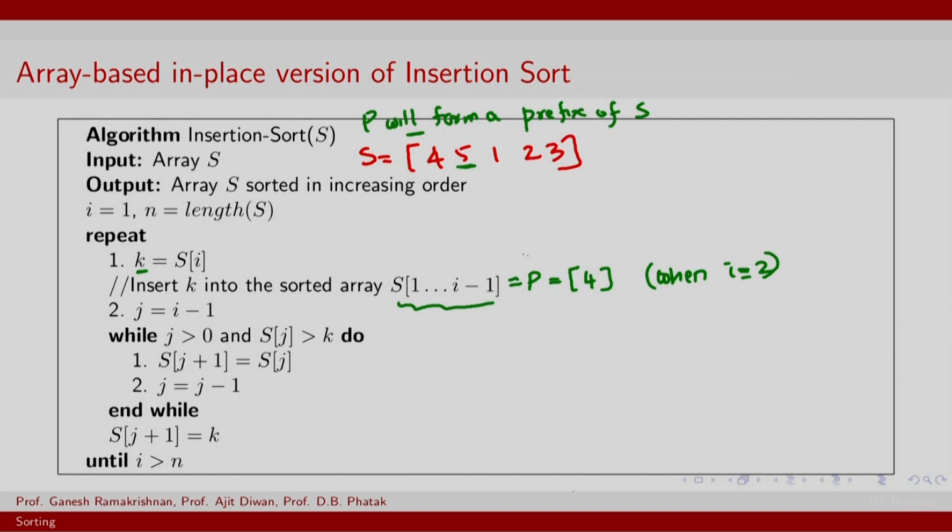So P equals 4 and K equals 5, this is again when I equals 2. So what you do is set the index j equals I minus 1. The idea is to scan P starting from the rightmost element.